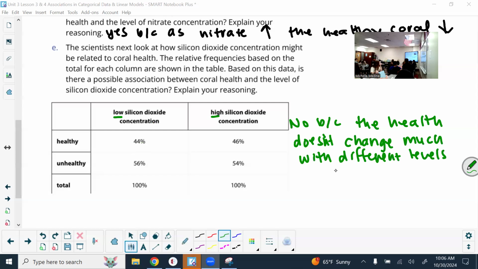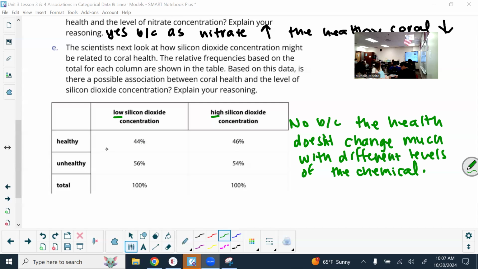So you'd say there's probably no association, no trend, maybe no relationship between that chemical and the coral, because the data doesn't change much when there's different levels of it. Also, and you'll see on your practice, if it's like a 50-50 split, there's probably no association there.